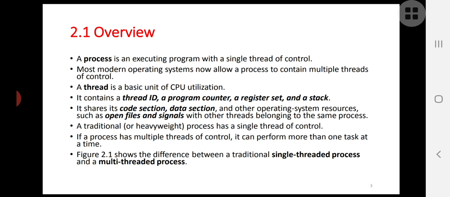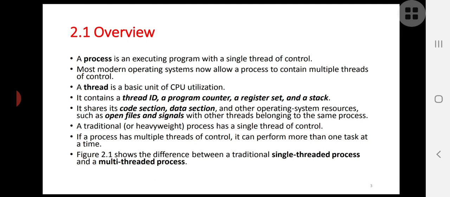It means that in a process there are multiple threads, and each thread shares its code section, data section and files with other threads present in that same process. A traditional process has a single thread of control. It means in earlier days the processes had only a single thread, but now, as I already told, modern operating systems run processes with multiple threads.